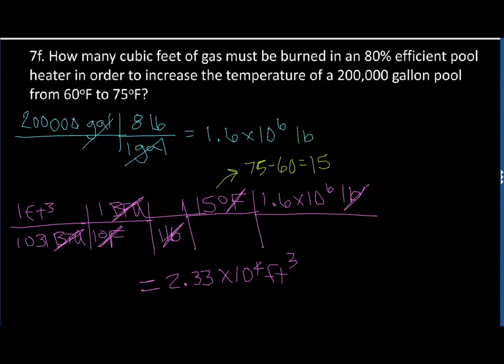That's how I got that number. So now I need to take this 2.33 and multiply it by 0.8, and that's going to give me 1.86 times 10 to the 4 feet cubed.